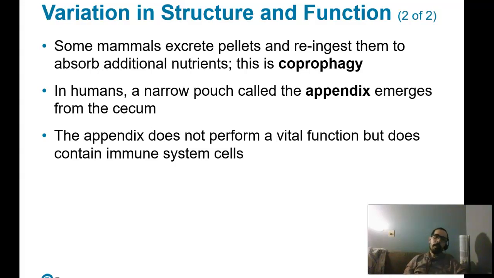But it is thought to house important microorganisms, so beneficial bacteria and protists. And because they house those important microorganisms, when you have issues like diarrhea and you flush a lot of those out, the microorganisms that are housed in the appendix can repopulate your large intestine, which is beneficial to you.